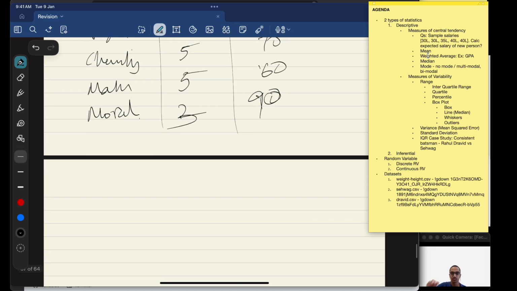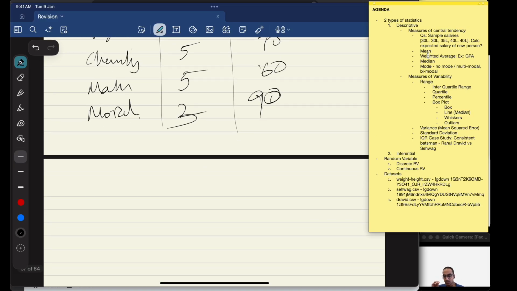So the definition is basically the sum of each element, or rather the sum of the product of each element and its weight, divided by the total of the weights.